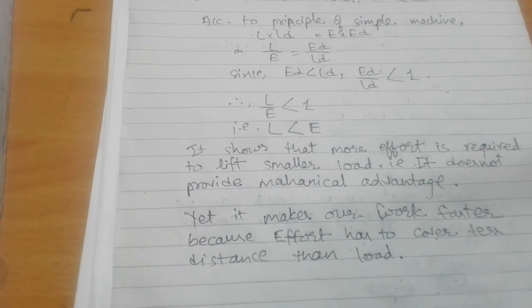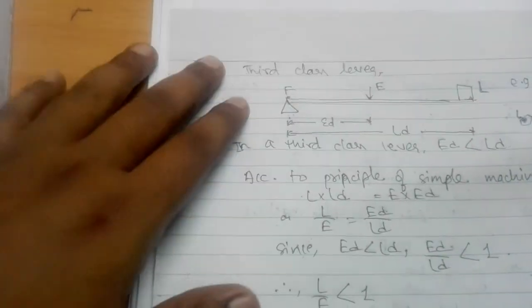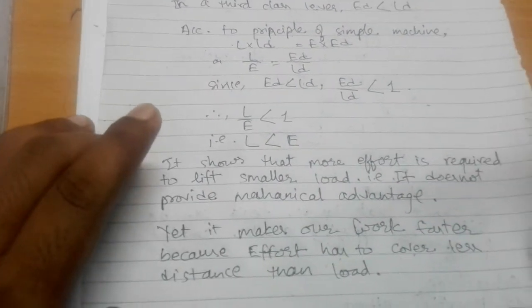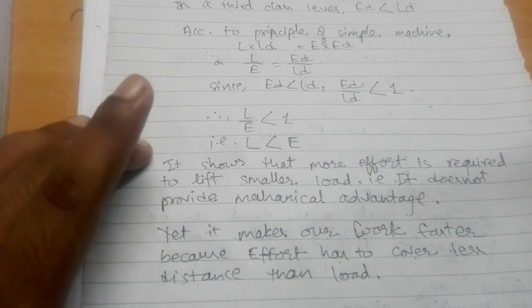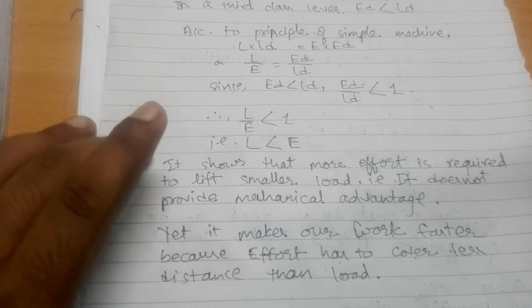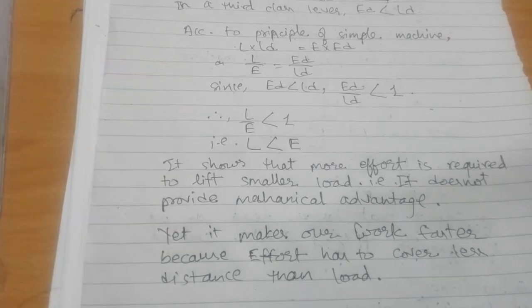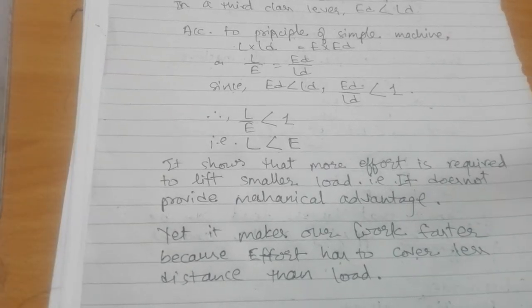And the question from this part of your lesson is, although third class lever does not provide mechanical advantage, why do we use it? Why is it used often? Okay, got the question? Write it down. Although third class lever does not provide any mechanical advantage, why do we use it?